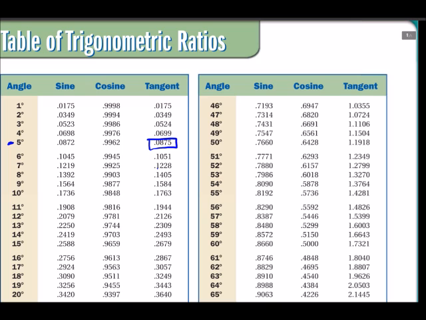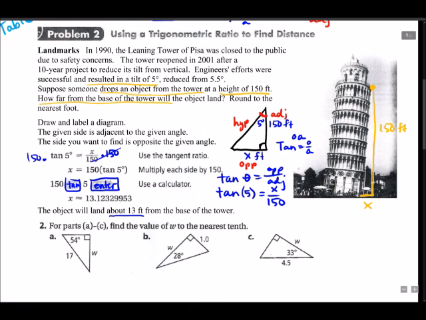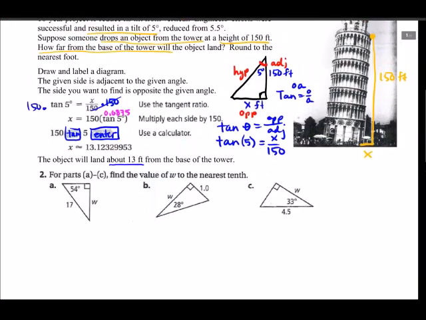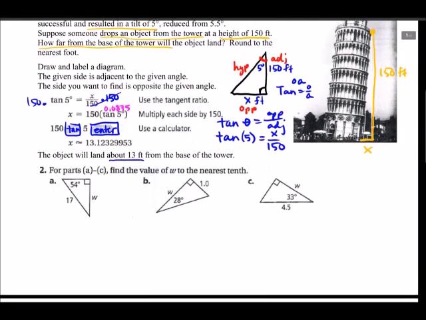All right, so let's go back to our notes. So here, if instead of tangent 5, we put 0.0875 and multiplied that by 150, we would get the same number. All right, so we'll leave this pretty close to here.